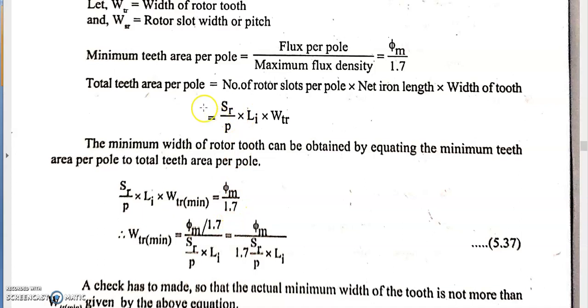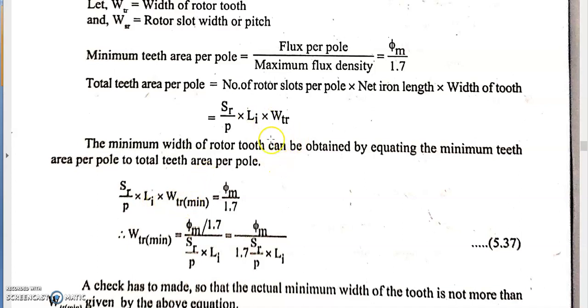That is also equal to, by dimension, the teeth area per pole, that is the total number of rotor slots per pole multiplied with the area of each rotor tooth, that is width of the rotor tooth multiplied with the length of the rotor tooth. So this Li is similar to the main dimension L, and 0.9 L will be Li. Okay, so this is very similar to the previous cases.